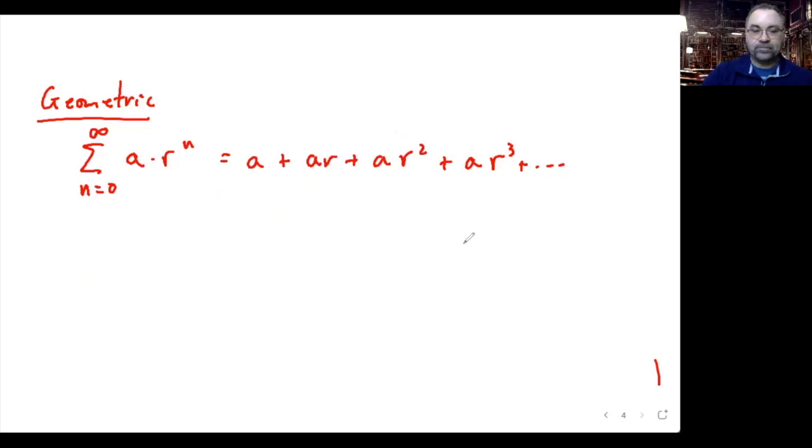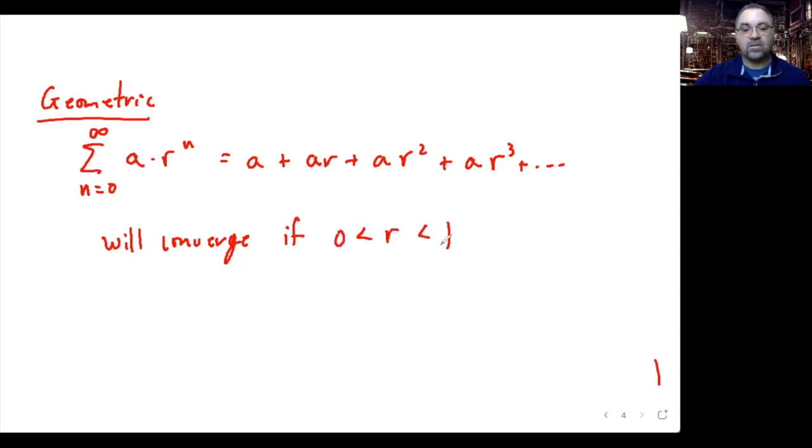More importantly, an infinite geometric will converge if the common ratio is between 0 and 1. And actually, the terms can alternate between positive and negative. It won't matter. So we can have the absolute value of the common ratio between 0 and 1.